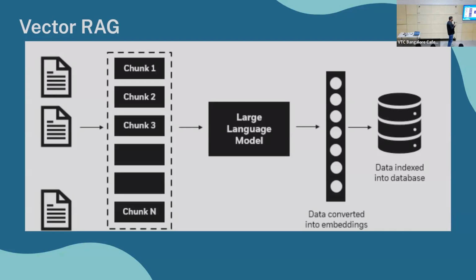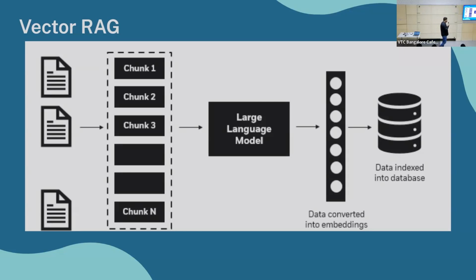The data within your document may not be available as part of the LLM's training data. So it searches external sources like vector databases, retrieves the information from those external sources, and chunks those documents into several chunks.